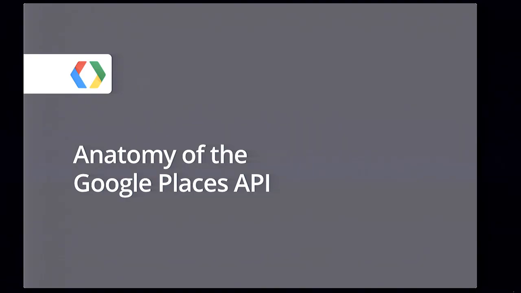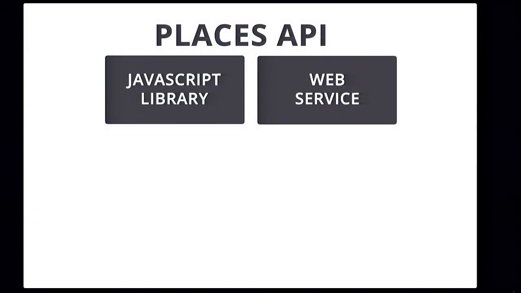All right, so let's talk about the Google Places API. As I mentioned, I'm going to do a quick overview of the Places API, pretty much make sure that we're all on the same page, and this is also for the benefit of those folks out there who may not be familiar with the API. The API is accessible in two ways.